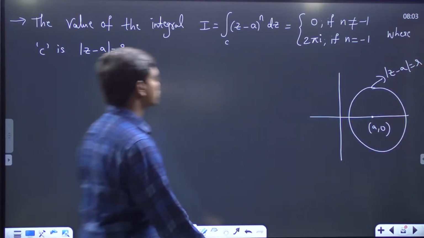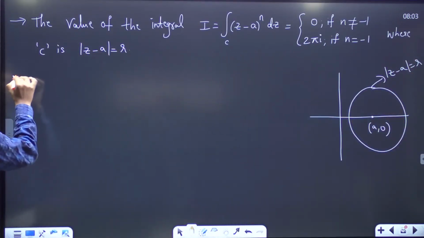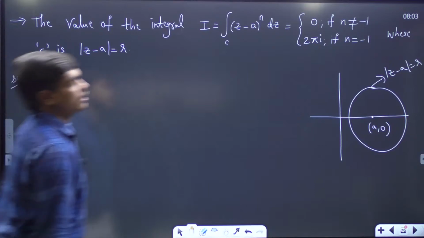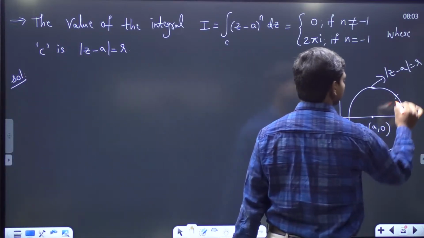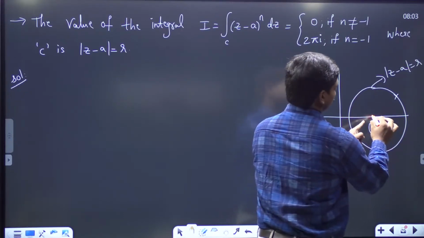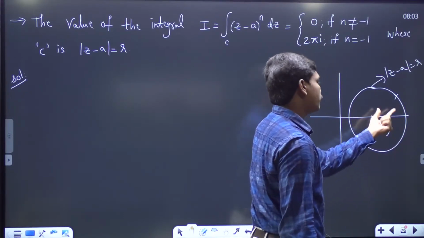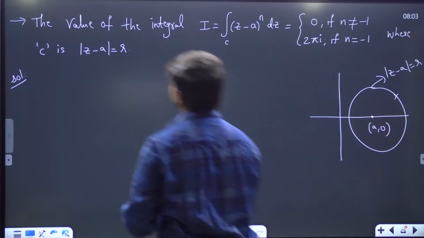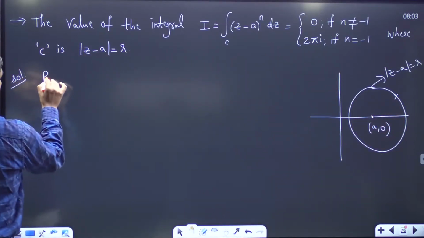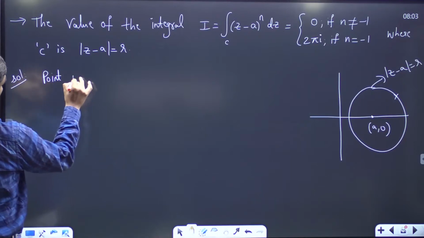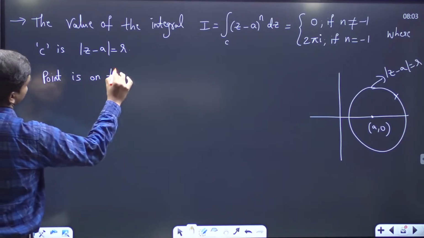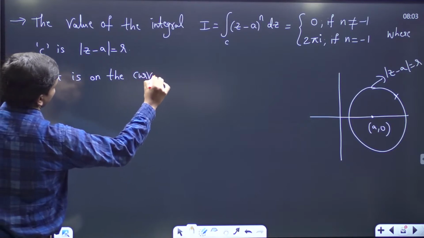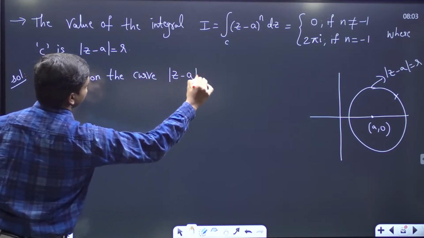So see here, solution. Now, if I take any point on this circle, the distance from the center, if you take the modulus of z minus a, that is definitely equal to r, correct? So I can write, the point is on the curve, mod z minus a is equal to r.